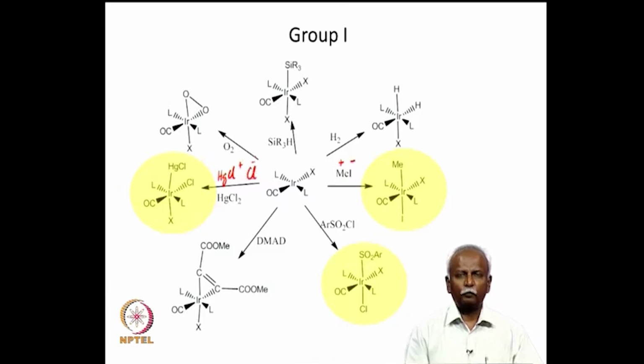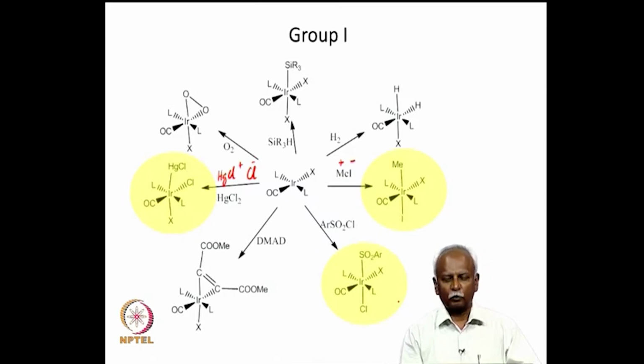If the molecule can be split into a positively charged and a negatively charged species, then oxidative addition occurs in the trans position of Vaska's complex, giving the molecules marked in yellow, with Me and I added trans. So this first group is highly polarized, and it will add in a trans fashion.